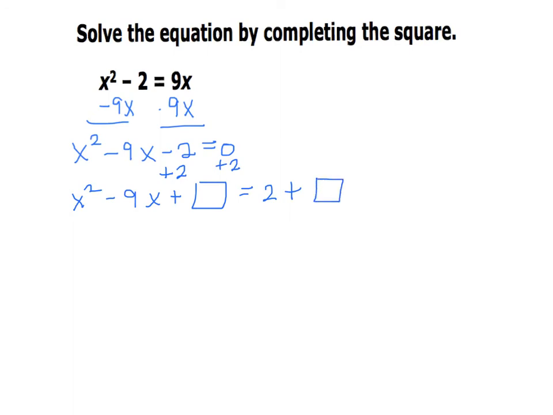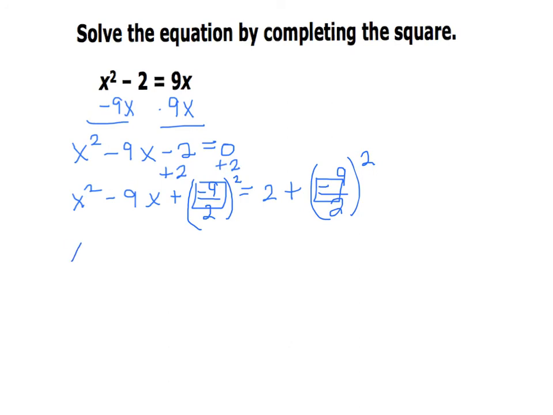Now notice, this negative 9 is an odd number, which means we're going to get a fraction. But that's okay. We know how to handle that. So we are going to take negative 9, take half of that, and then square that.